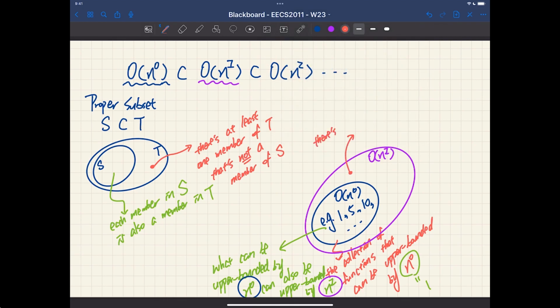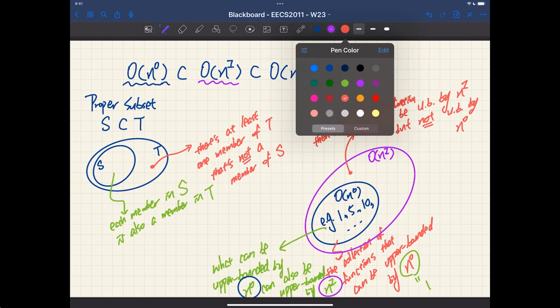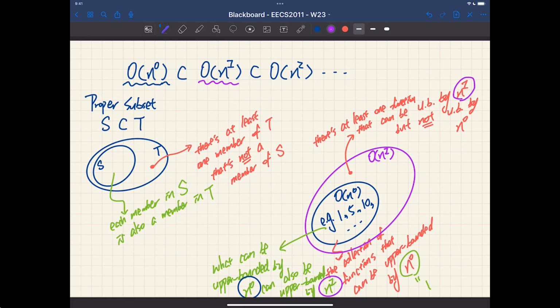There is at least one function that can be upper bounded by n to the power of 1, but not upper bounded by n to the power of 0. You can see here, that's the purple, and this one here is the blue.